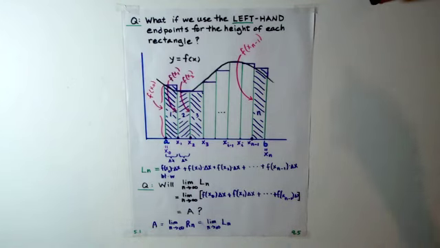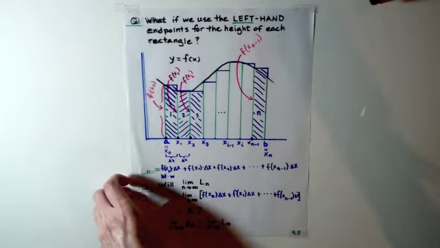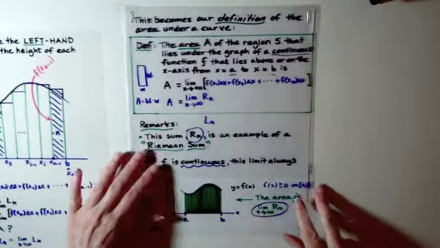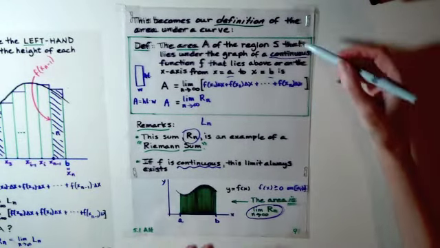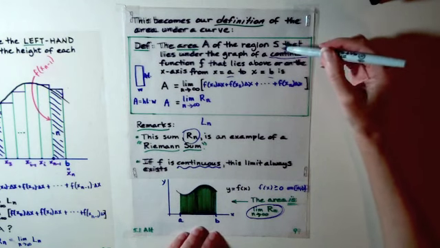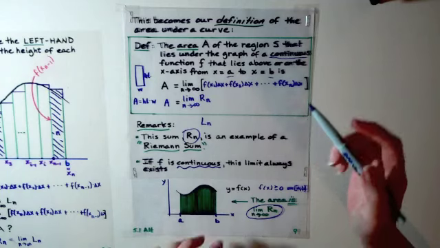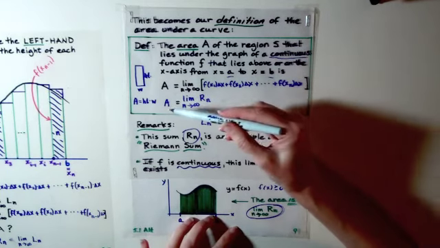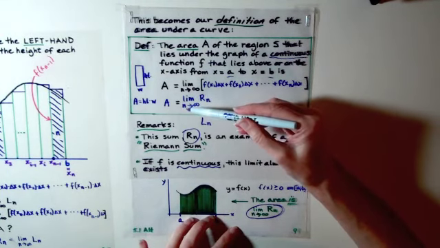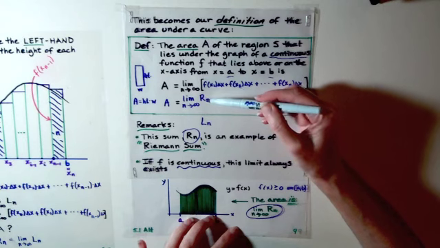So when we did that definition on the previous page, let me just go back to that for a moment. That was this page. And we made the definition of our area of the region S, the area under the curve y equals f of x from a to b, and we said that that is going to be defined to be the limit as n goes to infinity of r sub n.